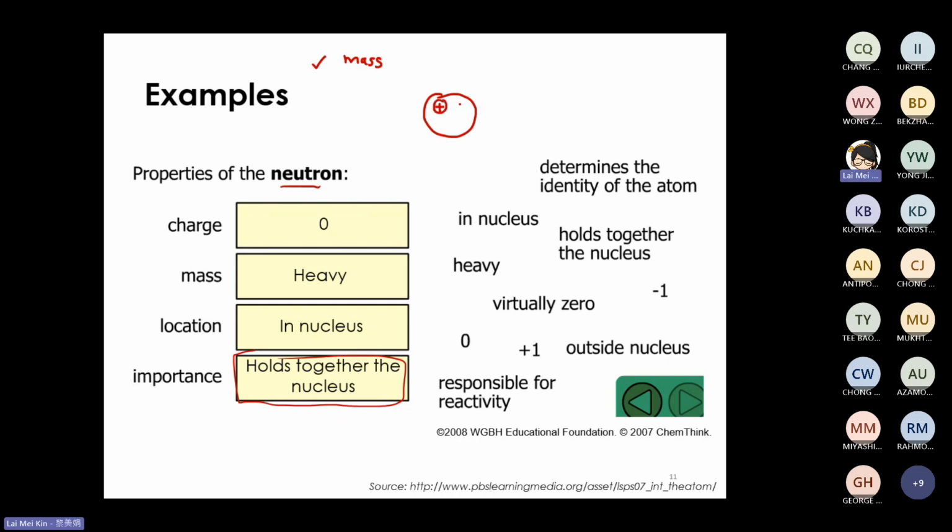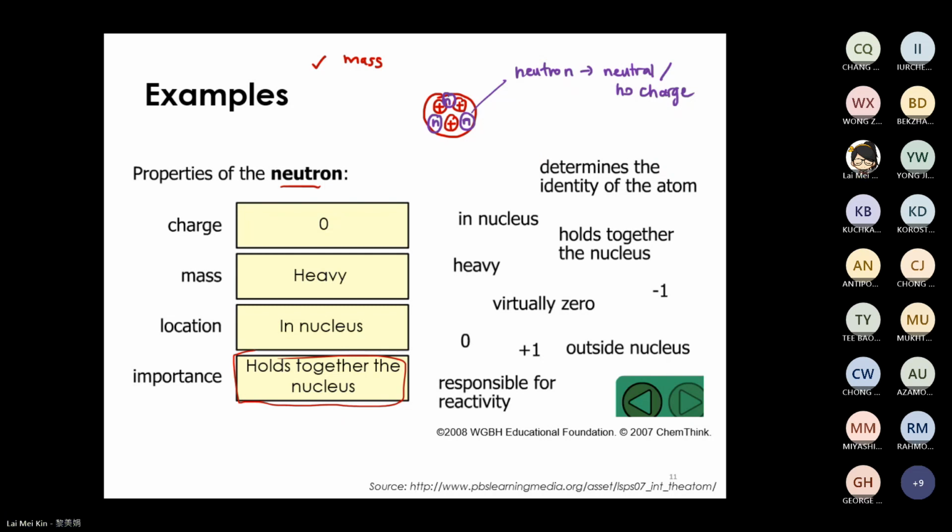Okay, what is in your nucleus? You have proton, which is positively charged. Okay, and then you have a neutron. I'll put a neutron here, which is neutral in charge, no charge. All right, what happens if your nucleus only has protons?